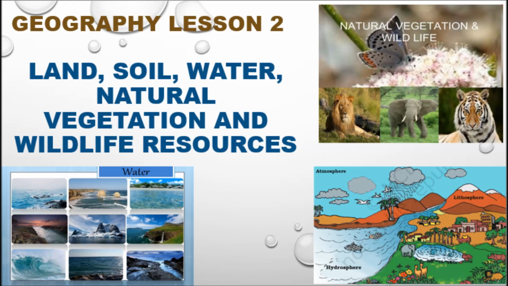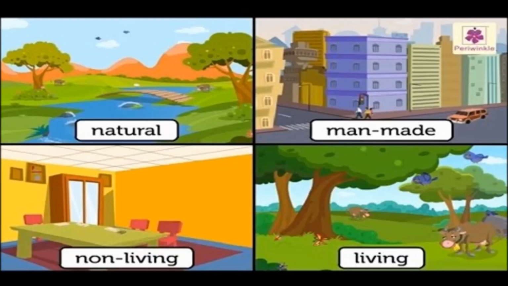Today's lesson is lesson number 2, land, soil, water, natural vegetation, and wildlife resources. In our previous lesson, we learnt about a resource, and we all know that resource helps us to satisfy our needs. But availability of resources differs from place to place.